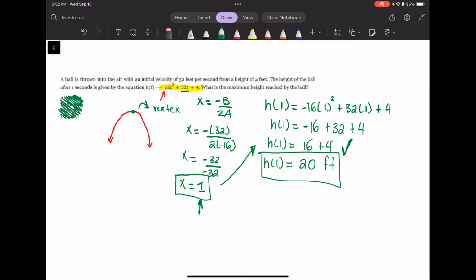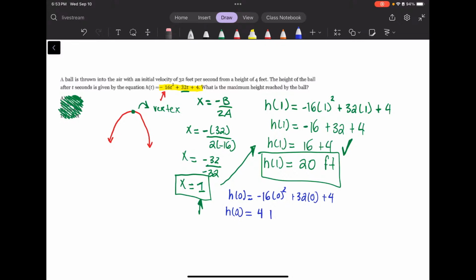Now, another question that they typically are going to ask you is, what is the initial height of the ball? And typically in the question, they're not going to tell you like they did in this one. But all you have to do is substitute in 0. So we're talking about at 0 seconds, before we probably even threw or launched the ball.